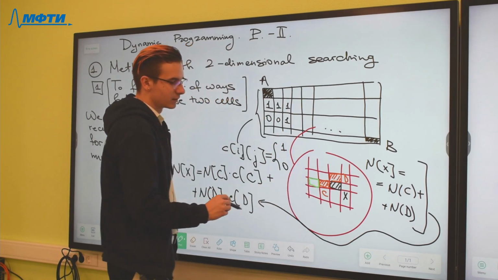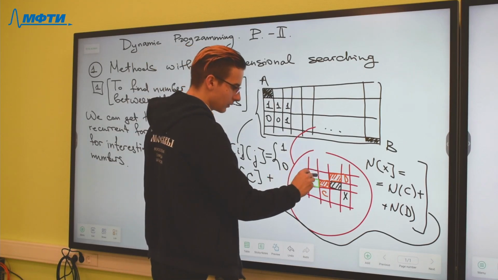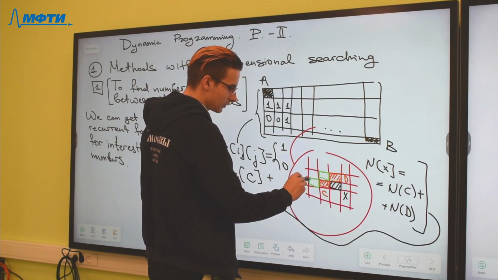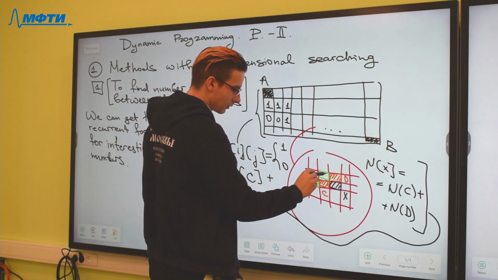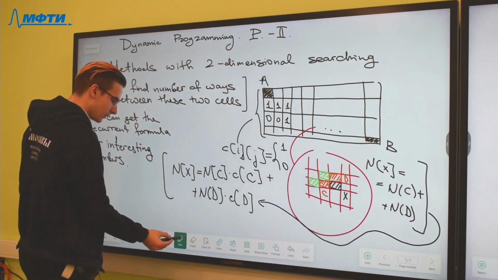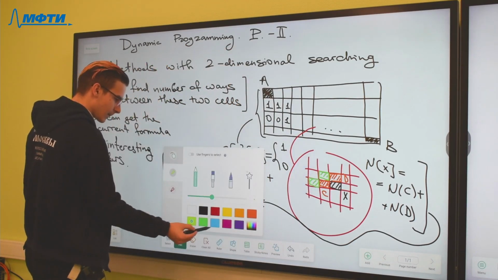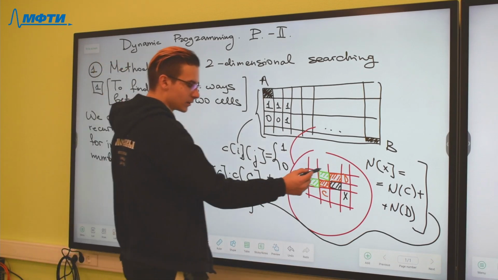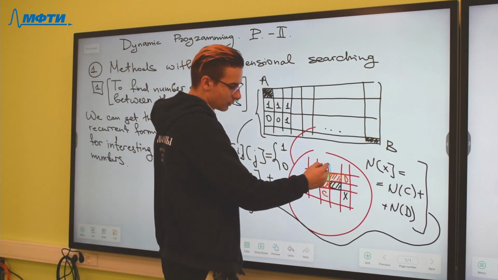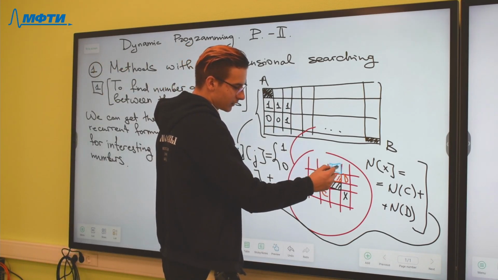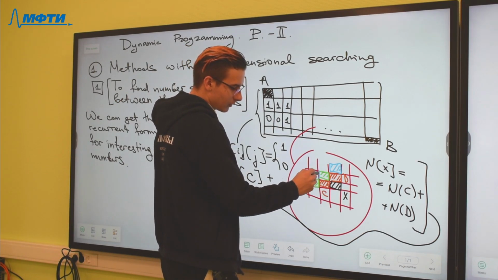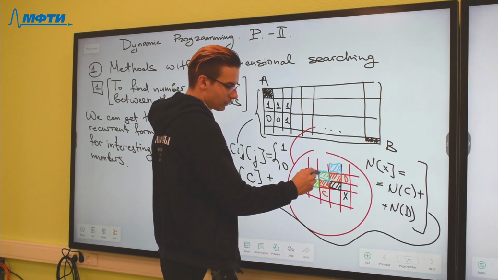We need to find ways to this cell, and for example, to find ways to D, I need to find ways here too.